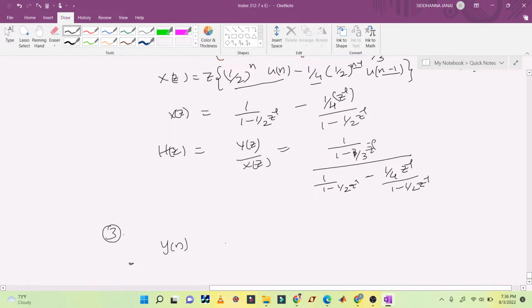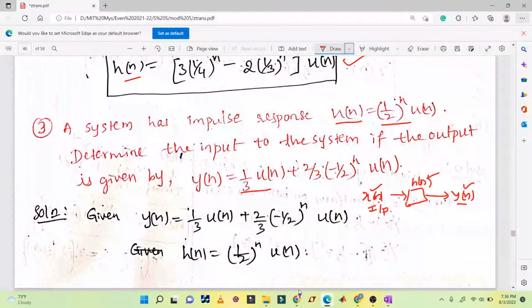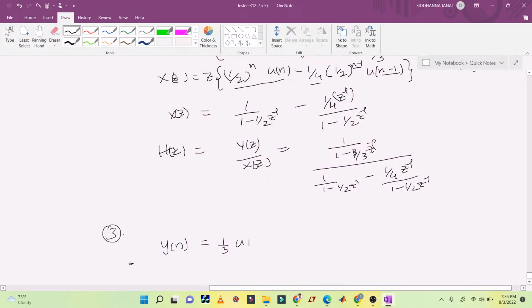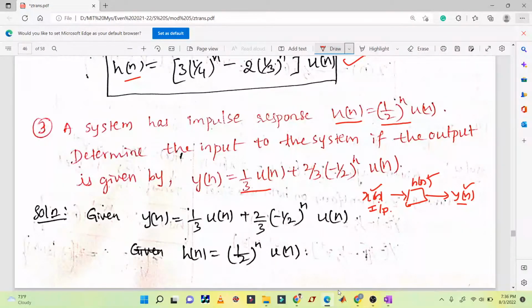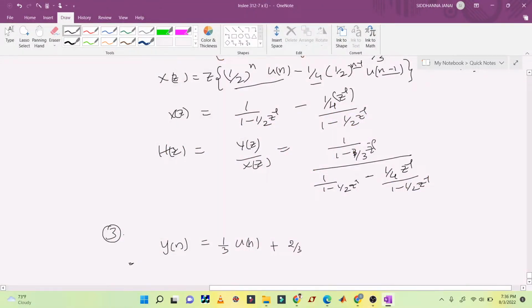Problem number 3: y of n is equal to 1 by 3 u of n plus 2 by 3 minus 1 by 2 to the power n u of n.